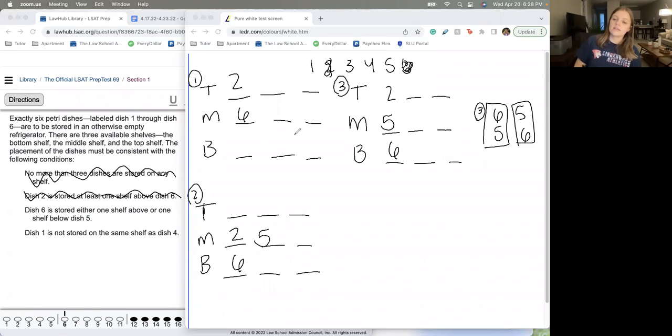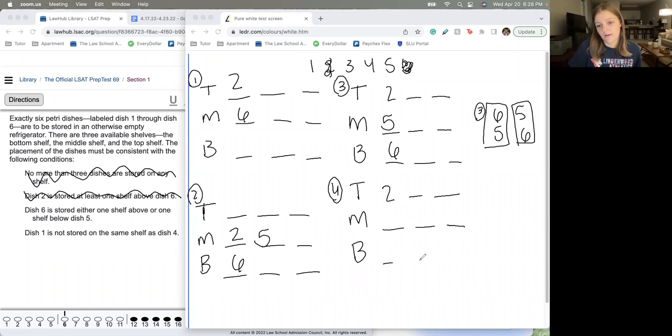Now, number 1 is a little bit different because 6 is on that middle shelf and I have space on my top and my bottom shelf. So that means 5 could go at the top or 5 could go at the bottom. So because I have 2 different options, I'm going to duplicate that world so I don't have to think about 5 anymore.